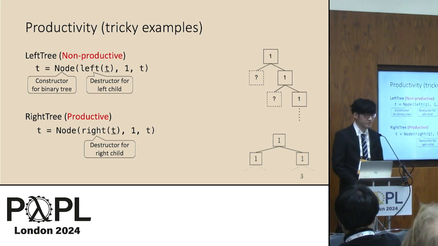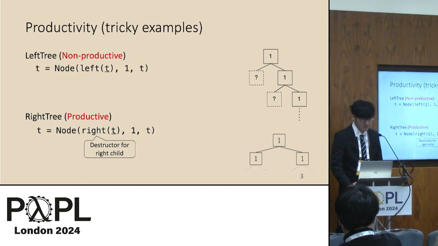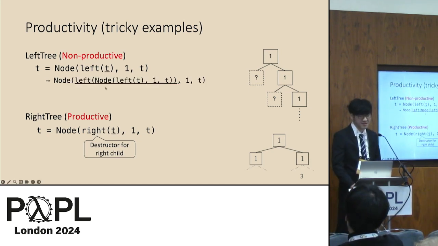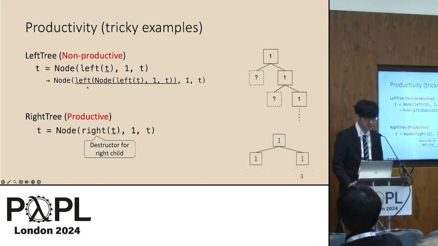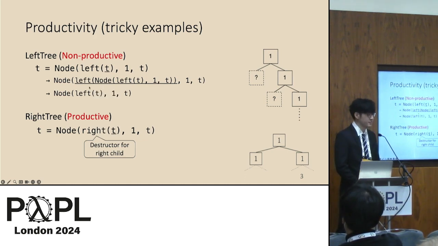Let's try to generate the left child. We can unfold leftT, and we can apply the destructor left, but it coincides with the original term, so we can't generate the left child. As a result, left tree represents a non-productive tree in this figure.